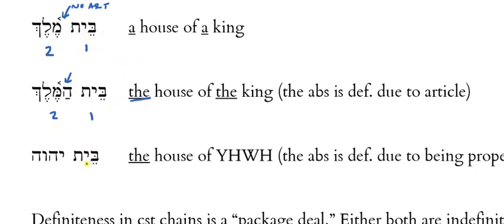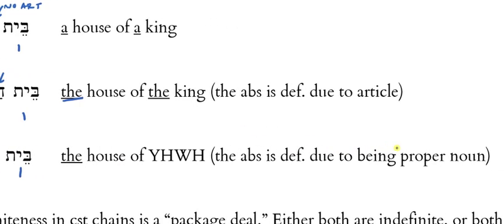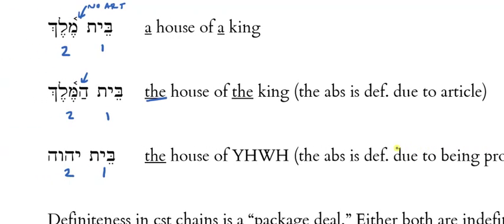And last I have Beit Adonai. Beit is thing 1, Adonai is thing 2. Notice that I'm translating this as the house of Yahweh. Yahweh does not have an article attached, but Yahweh is definite due to being a proper noun. Proper nouns are by definition definite, and therefore, since Yahweh is thing 2, thing 1 in construct with Yahweh must be definite.